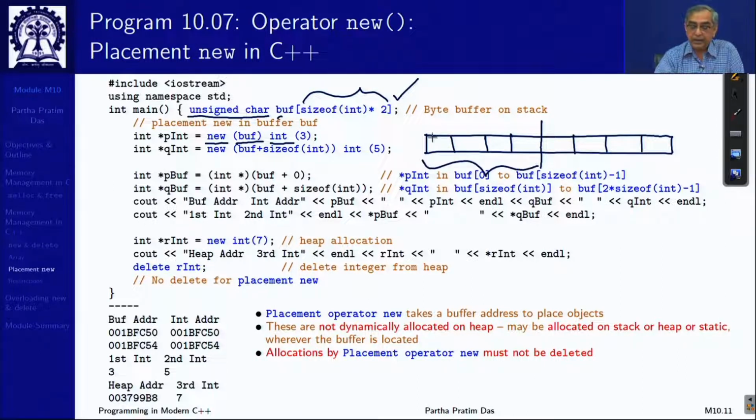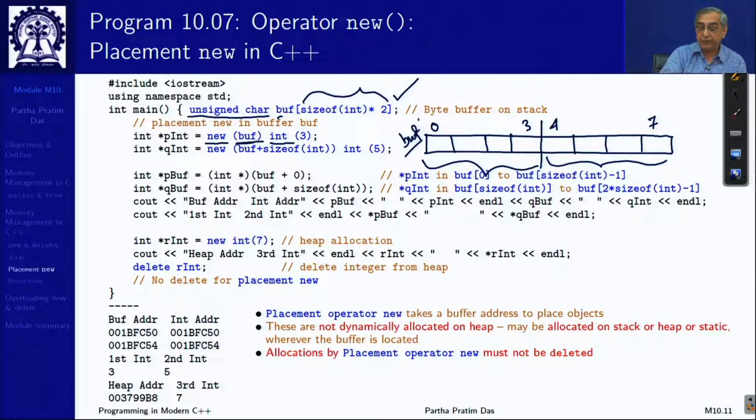So, this is from 0 to 3, 4 bytes, place enough for 1 integer, and 4 to 7 place enough for the second integer. This is buff. So, what have I given? I have given buff.